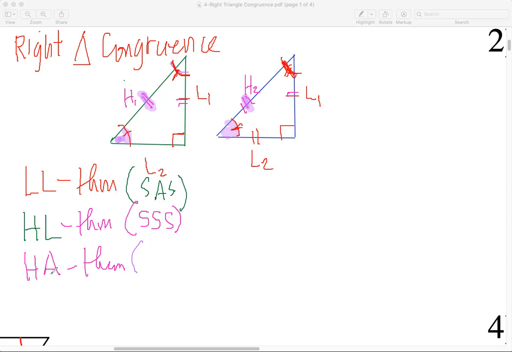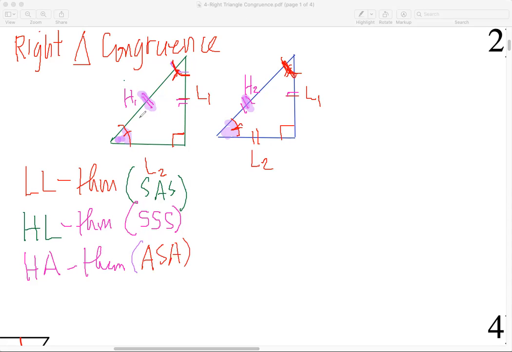So the hypotenuse angle theorem is just using the angle side angle, where the side is the included side of the two given angles. So I hope it's clear.